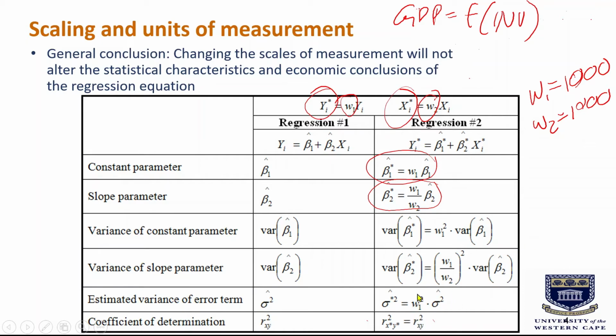But in all the other cases, whether it's the parameter estimates, the variances, and of course the scaled standard error, which would simply be the square root of the variances of both the constant and slope parameter estimates, or whether it's the estimated variance of the regression, or as it's called here, the variance of the error term, all of these formulas contain either just W1 or W1 and W2.